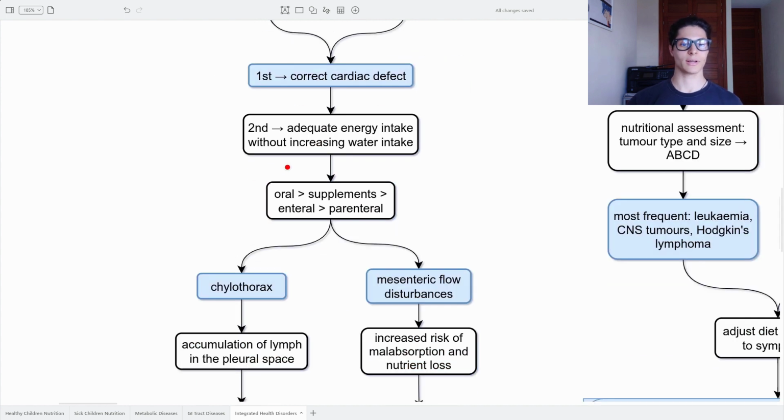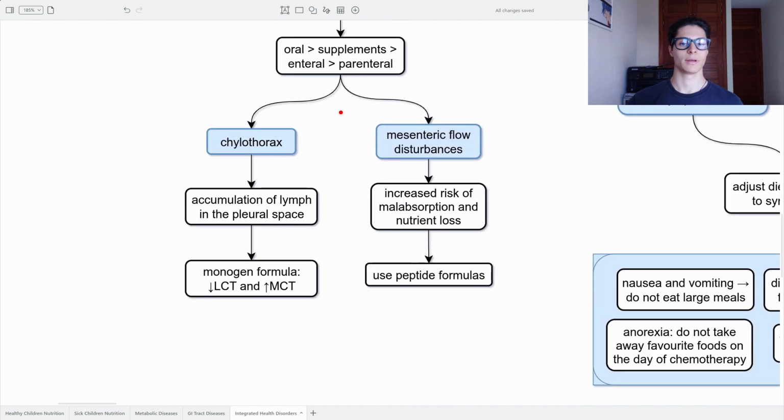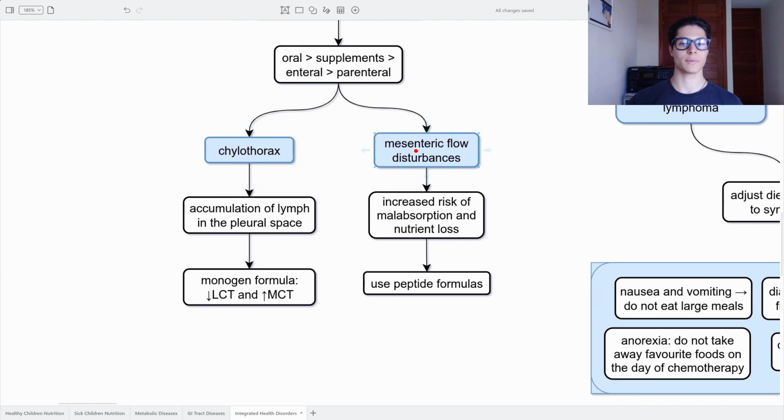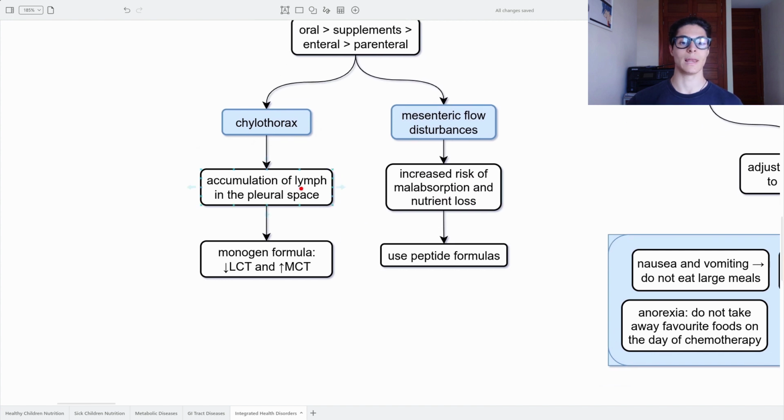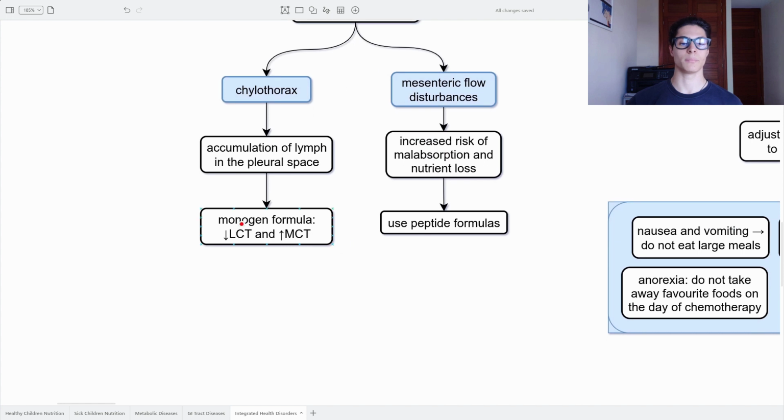As always, we tend to prefer the oral way, then the supplements, if not the enteral, and as last one, the parenteral nutrition. Here we have the chylothorax and the mesenteric flow disturbances. The chylothorax is the accumulation of lymph in the pleural space. And here we have to use a monogen formula, which is low in long-chain triglycerides and high in MCT, medium-chain triglycerides.